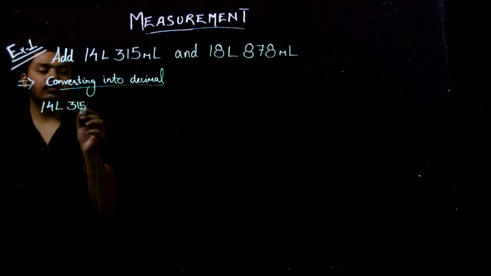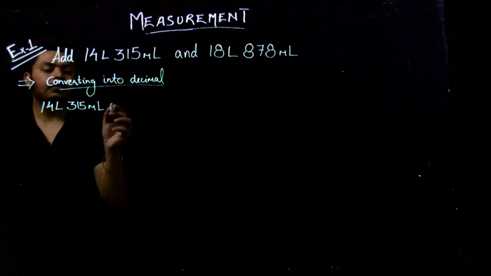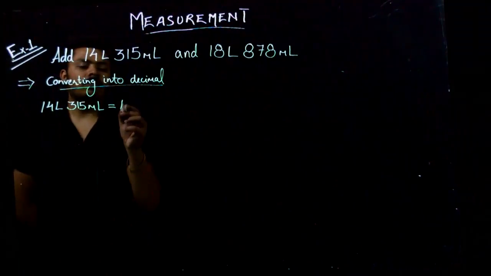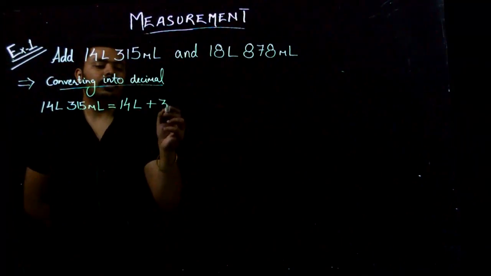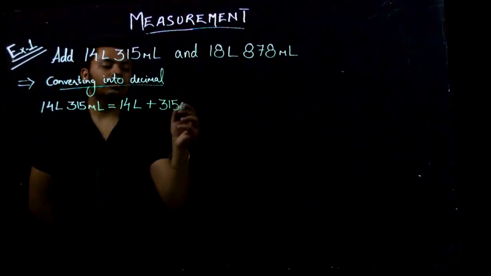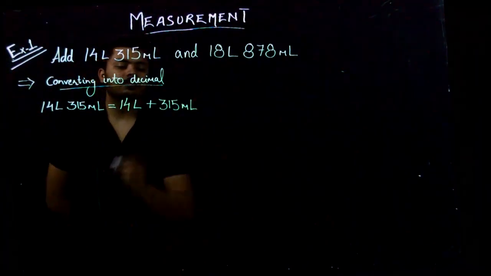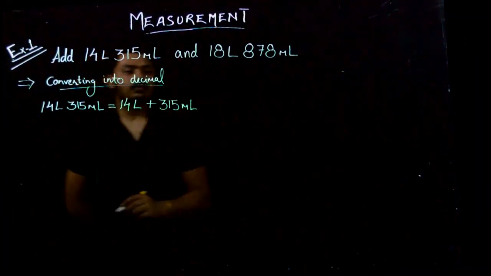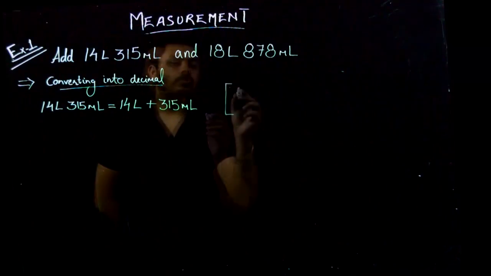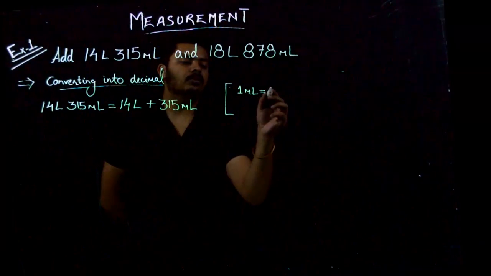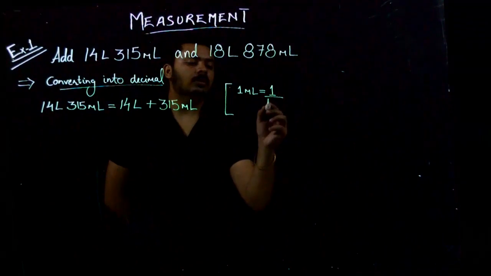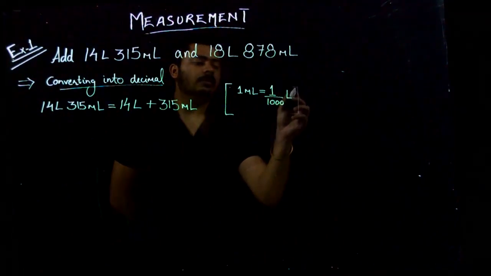315 milliliter equals 14 liter plus 315 milliliter. Now we know that 1 milliliter is equal to 1 upon 1000 liter.